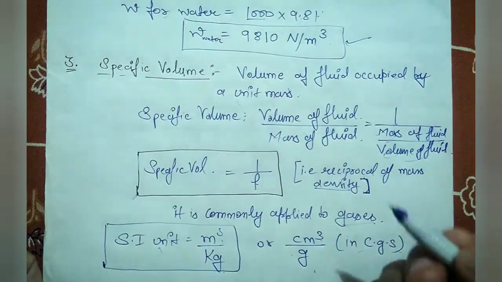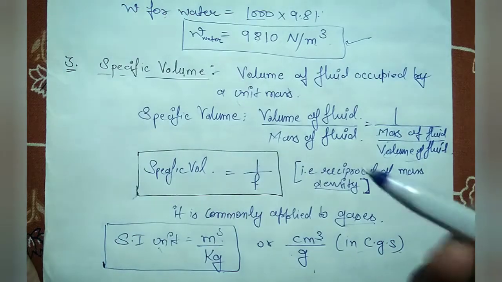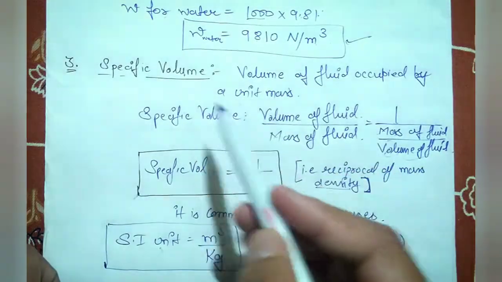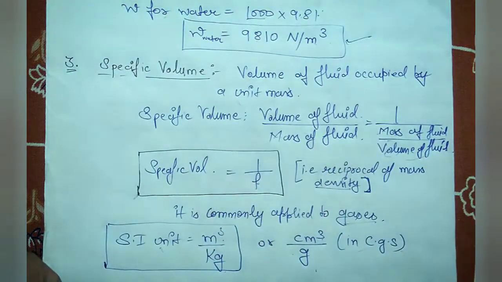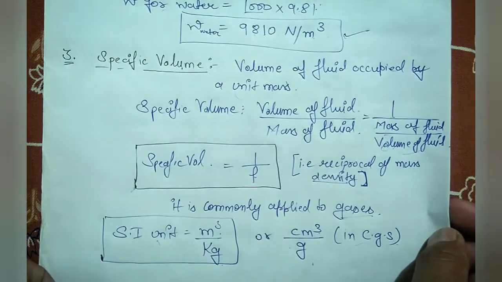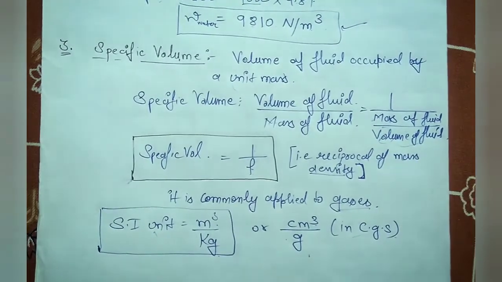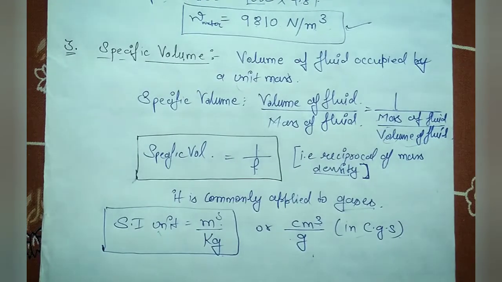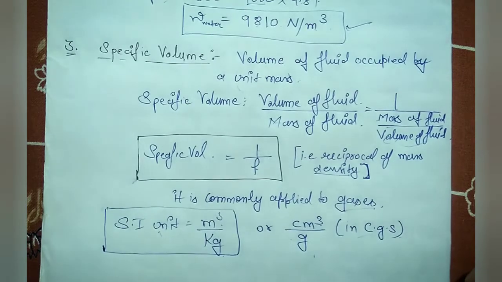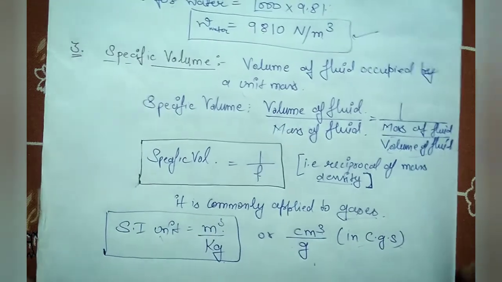So always remember that the units of these properties are very much important, because whenever we solve the numerical problems, then we need to put the right units in the numerical problem to get the exact solution for the problem, okay.